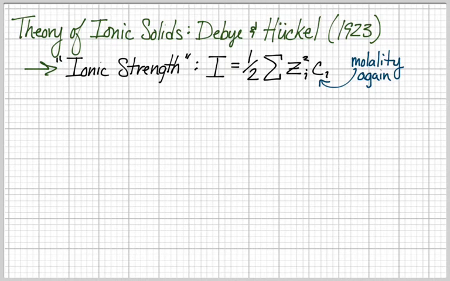But if we were to have, say, aluminum sulfate, we would have the ionic charge on aluminum, 3+ squared, times the molality of the aluminum ions, plus the sulfate ions, 2- squared, times the concentration. Everything becomes positive, of course, because you have the squared value in there, and it's modified by the concentration in the system.